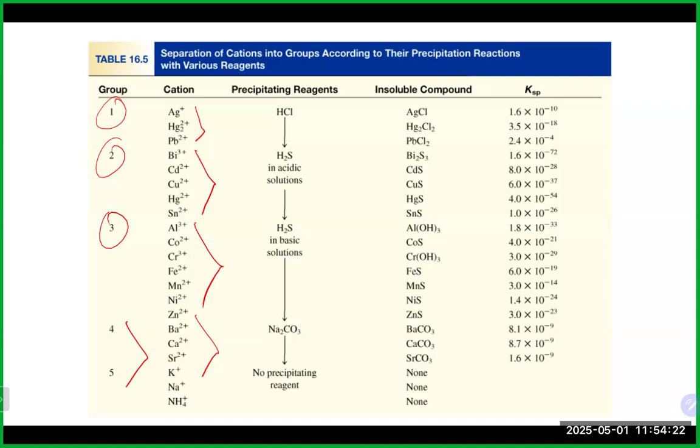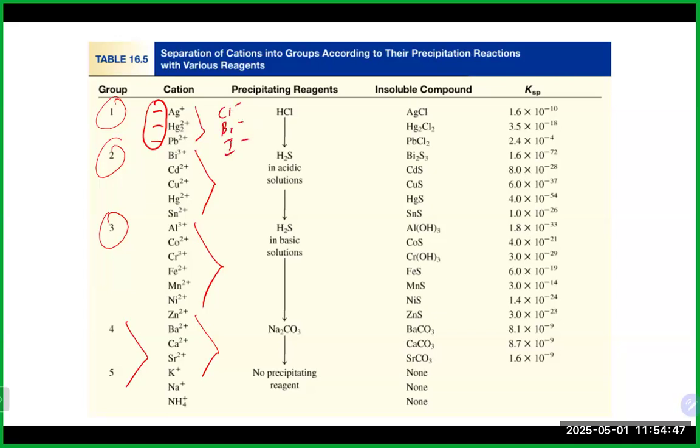These are groups that are not related to each other based on the periodic table groups, but they are groups that are related to each other based on solubility properties. So they have very similar solubility properties. For example, silver, mercury 1, and lead are the 3 exceptions on the solubility table for chloride, bromide, and iodide.